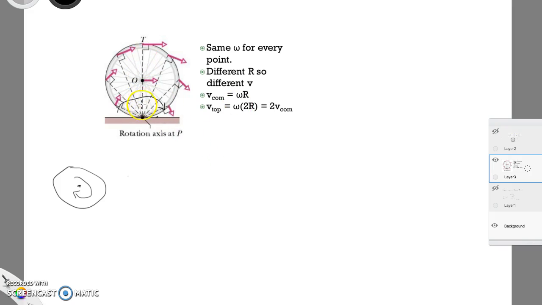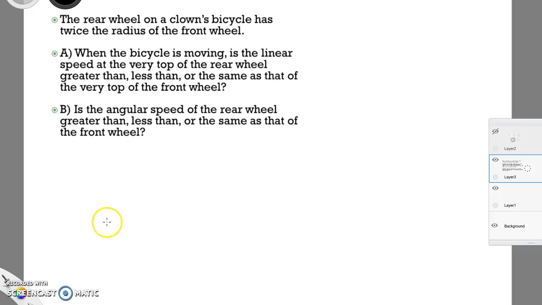Okay, so since the distance from the bottom to the top is 2r, then we get twice the velocity than we would at this point here at the center of mass, where it's just 1 radius, ωr. And that means that here at the bottom, where we have a radius of 0, we get a velocity of 0. Okay?